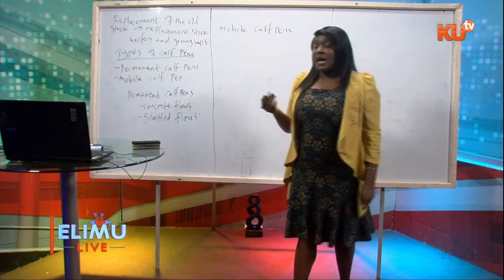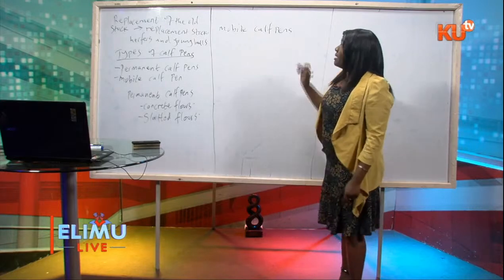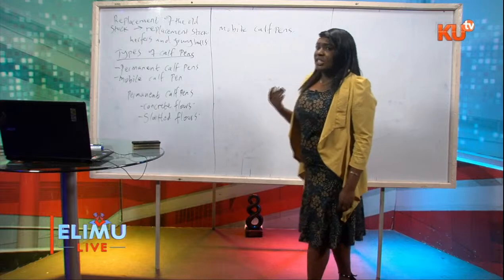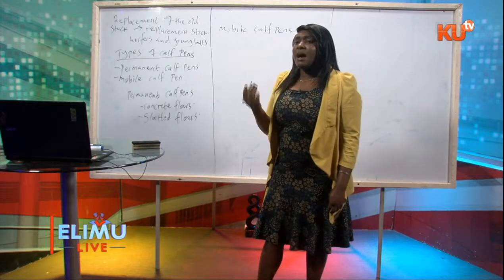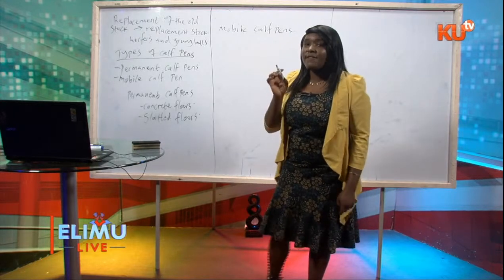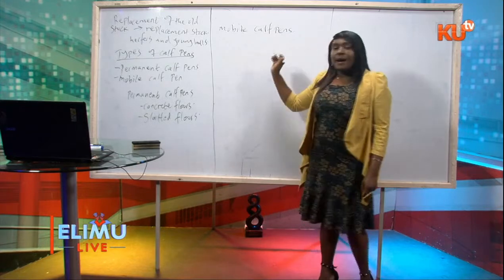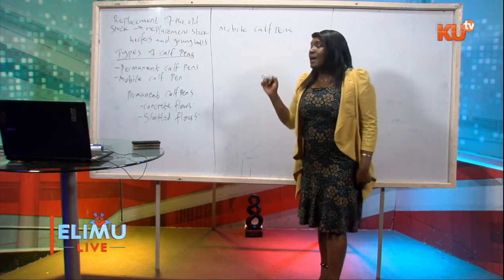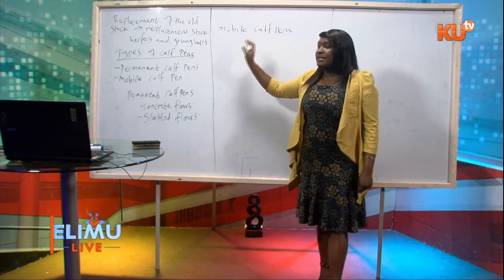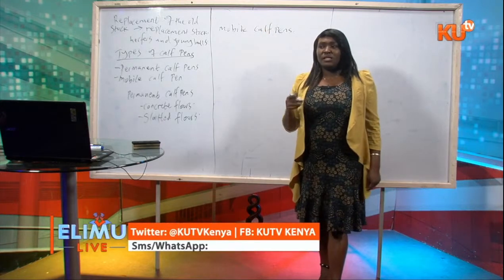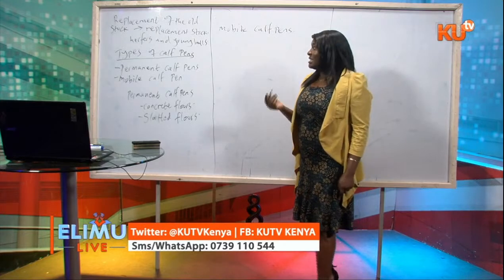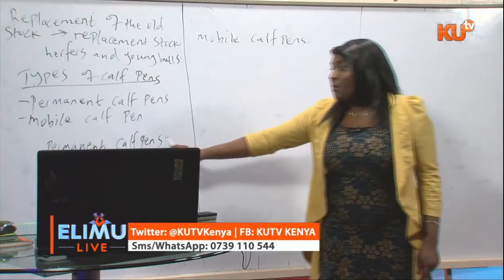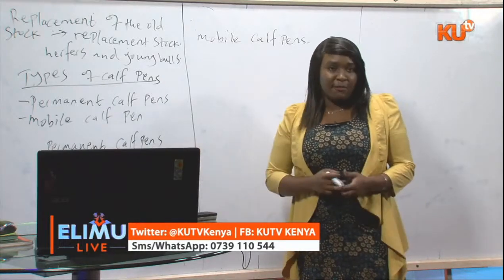Maybe a disadvantage we can point out on the mobile calf pens is that they are a bit laborious and tedious, because every other day the farmer must move, or look for someone to move, these calf pens, and it consumes a lot of time compared to the permanent calf pens.